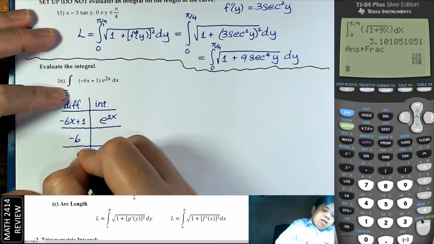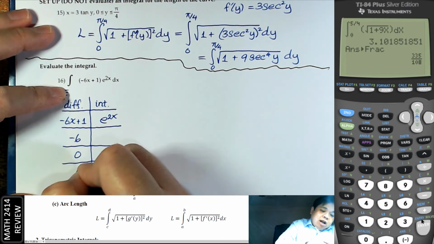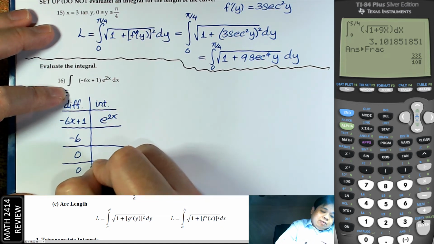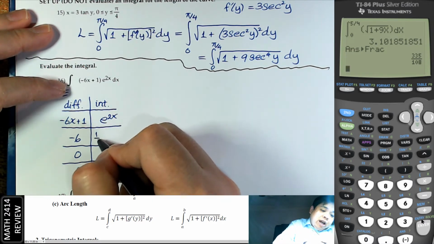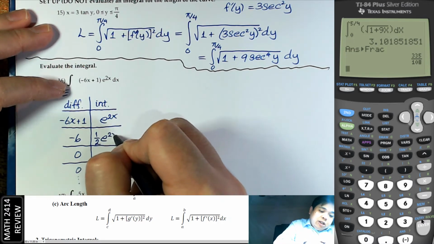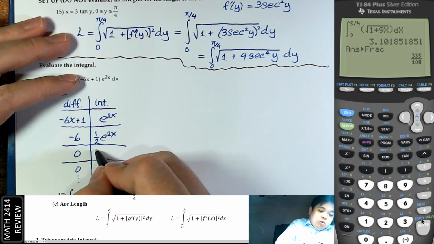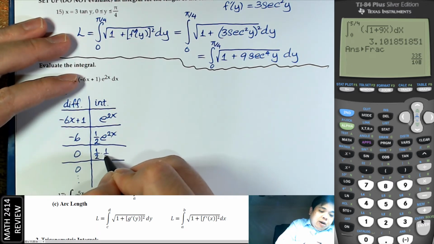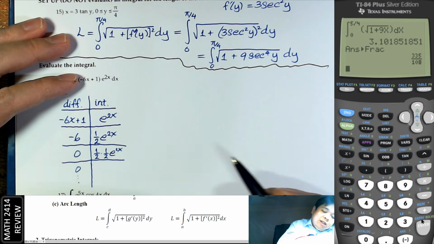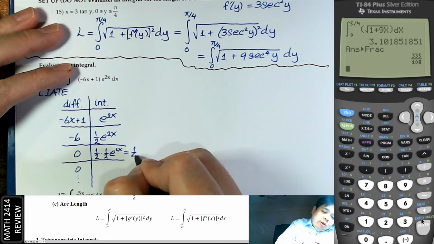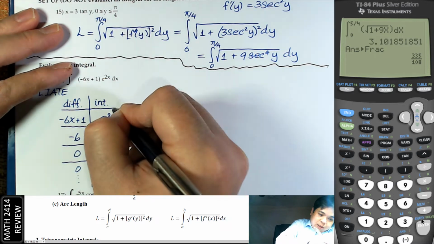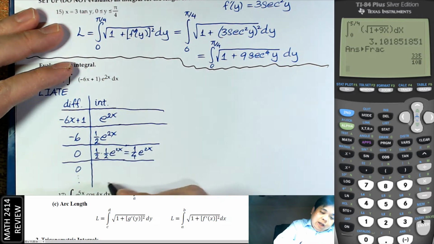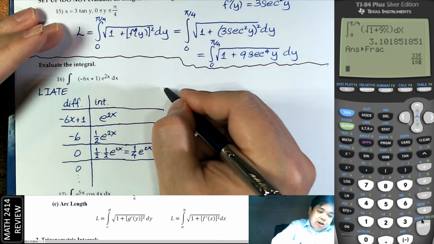The derivative of negative 6 is 0. And after that, it's going to be 0. The integral of e to the 2x is 1/2 e to the 2x. And then the integral of this is 1/2 of 1/2, so that is 1/4 e to the 2x. And we don't need to go any further than that.